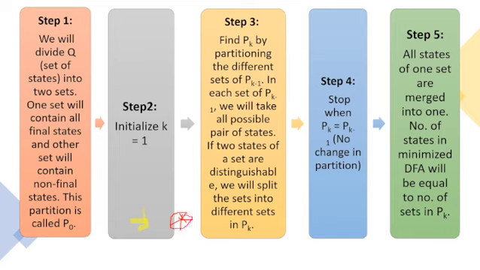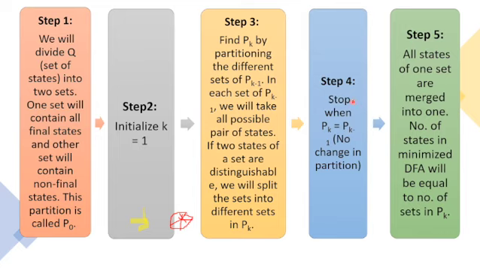Step 2 is initialize k equals 1. Step 3 is find Pk by partitioning the different sets of Pk minus 1. In each set of Pk minus 1, we will take all possible pairs of states. If two states of a set are distinguishable, we will split the set into two different sets in Pk.